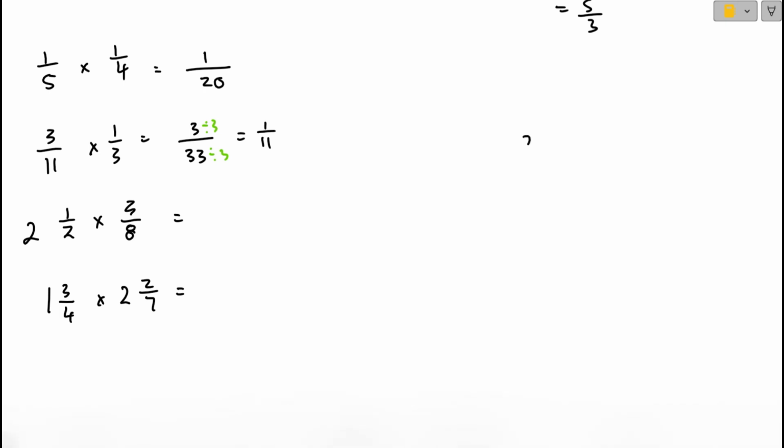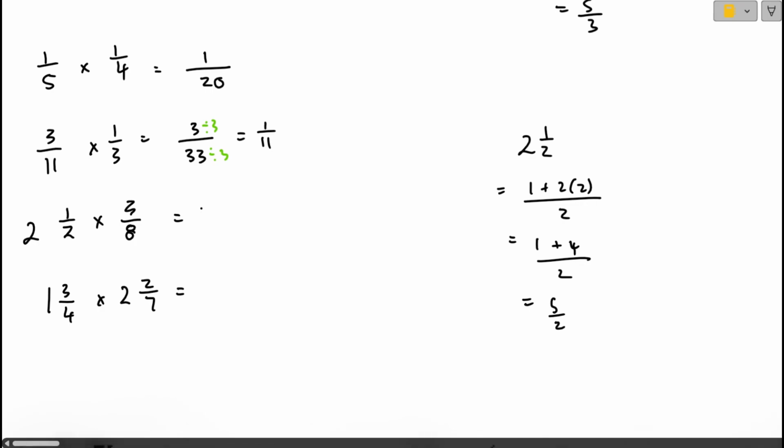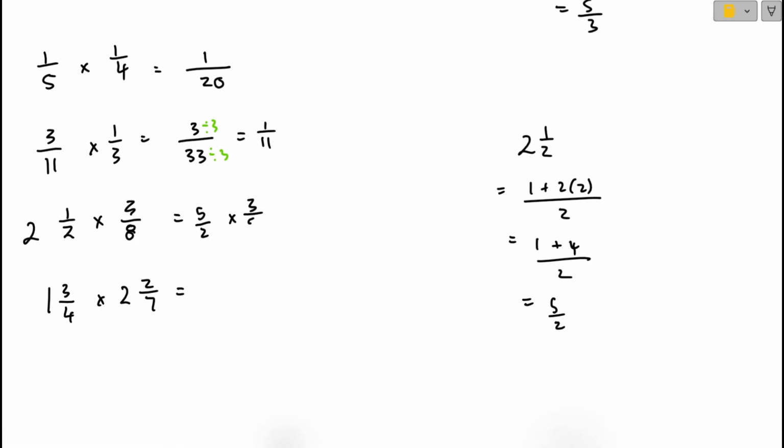Okay, here we have the mixed number over here. So we have 1 plus 2 over 2. 2 times 2 is 4. And 1 plus 4 is 5 over 2. We have 5 over 2 times 3 over 8.